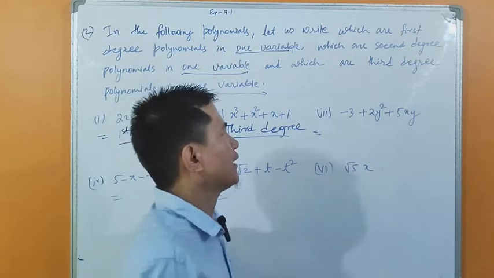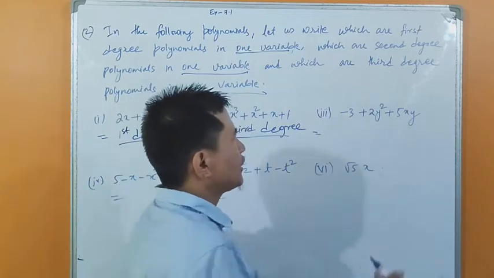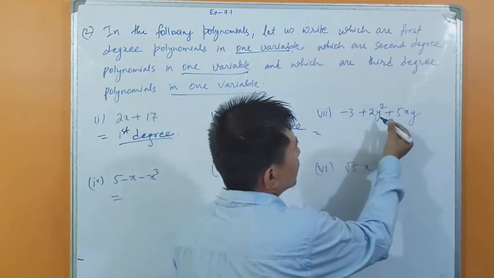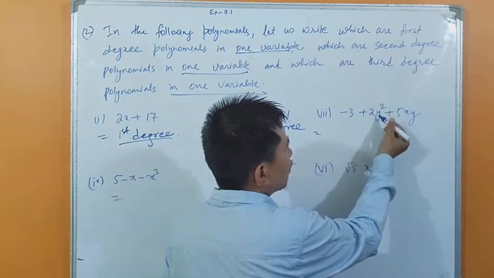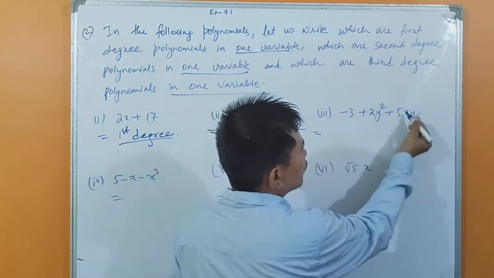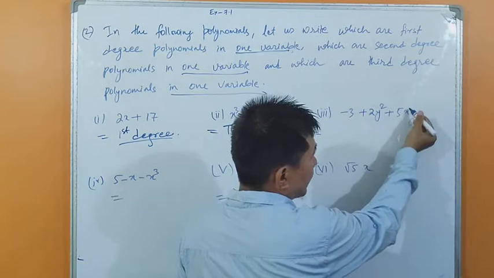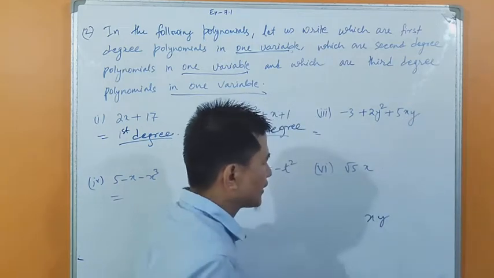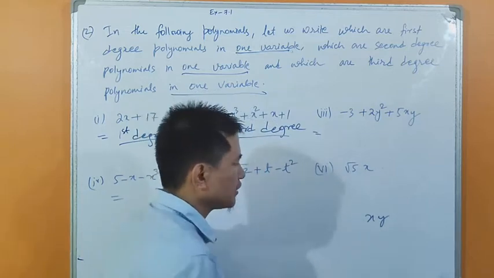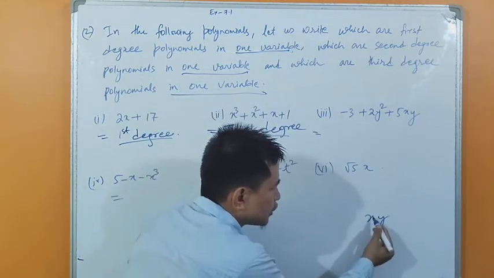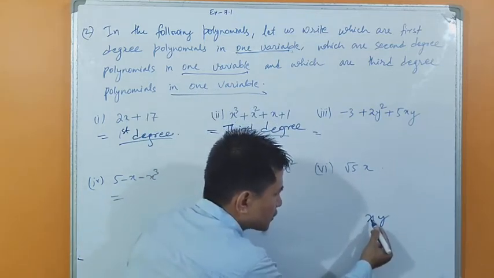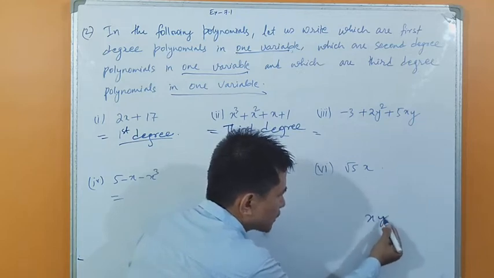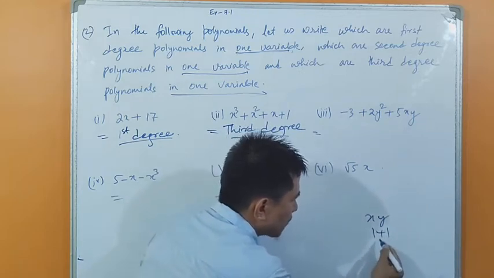Suppose you want to write the degree of this polynomial, then you can write that the degree is 2. While writing the degree of this type of expression, what you usually do is add up the powers. This x has power 1 and this y has power 1, so 1 plus 1 is 2.